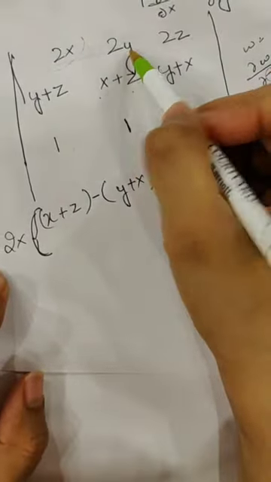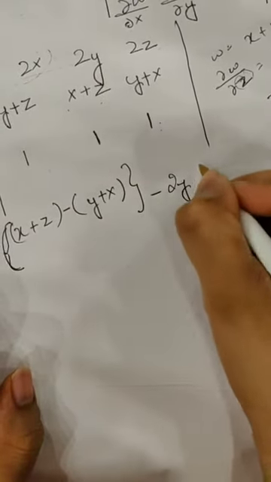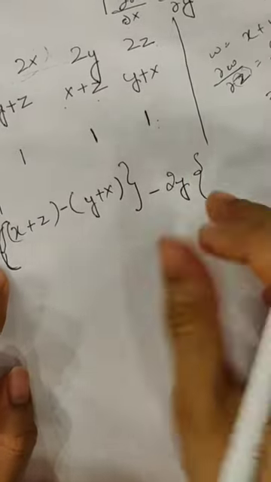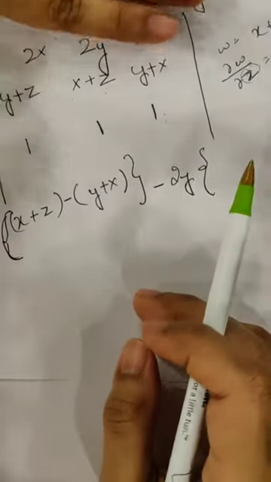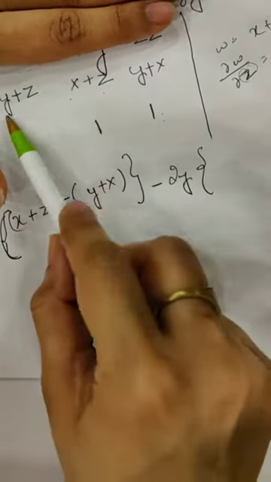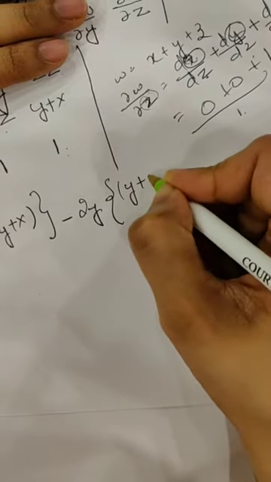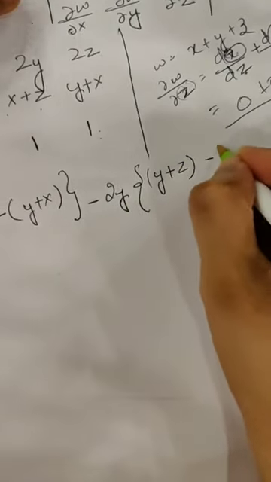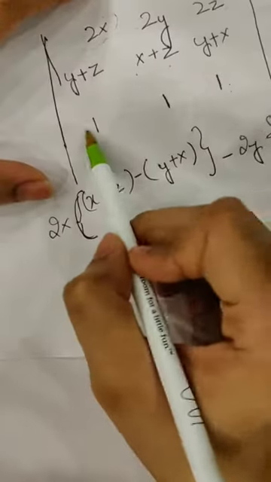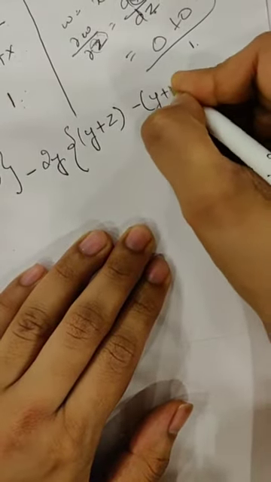Now coming to the second term, this would be minus 2y. Now the rule is cancel this row and this column. So what is left is x plus y plus z into 1, which is y plus z only, minus y plus x into 1. We cancel this and this, so y plus z into 1 and y plus x into 1, which is y plus x only.